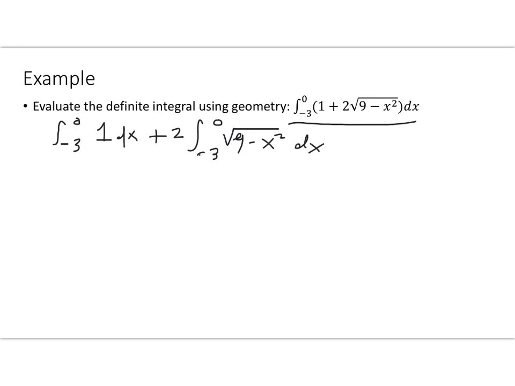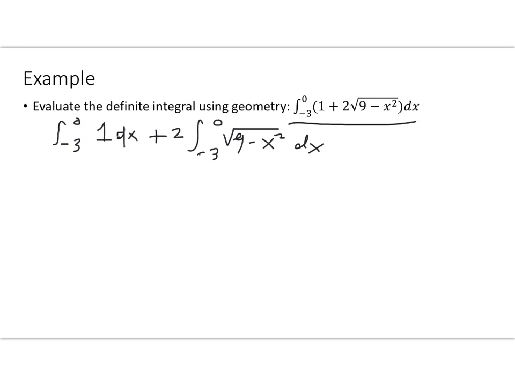All we're doing in splitting this up into pieces is saying that if we regard the integral as being just a type of sum, then we can handle the ones first and handle the 2 times root 9 minus x squareds second. Now each one of these separate integrals has a geometric picture, and we're going to see what that geometric picture is.